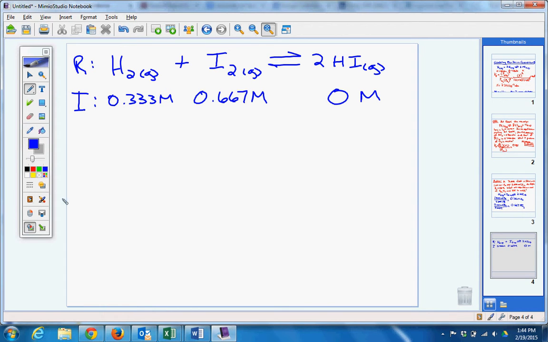All right, change. What's our change going to be? Minus 1? Not minus 1. Do you know how much of this is leaving and how much of this is forming?